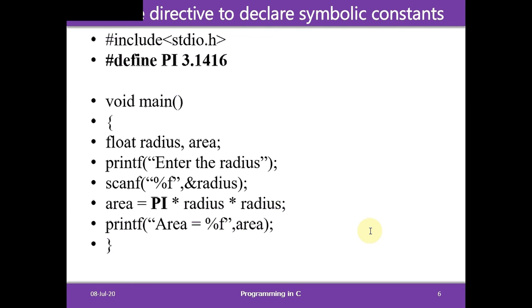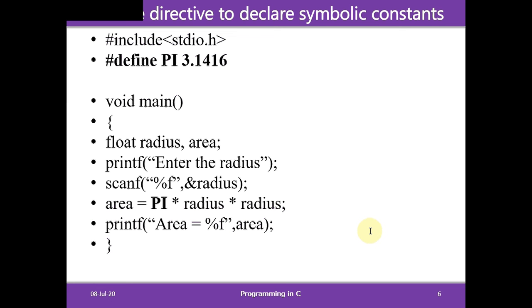If you have a computer with 2 GB RAM main memory, ampersand radius specifies the address location where the radius variable is physically located on your main memory. That can be represented using the ampersand operator.